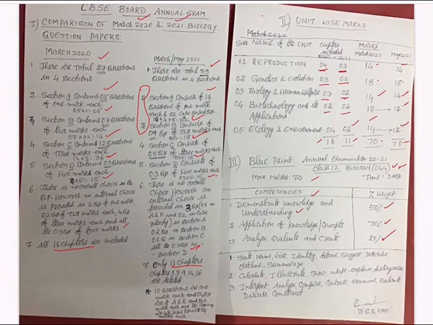So what do you mean by demonstrate knowledge and understanding? Questions like state, name, list, identify, define, suggest, describe and outline, summarize. All these come under demonstration of knowledge and understanding.